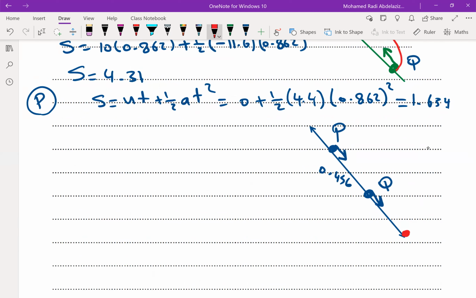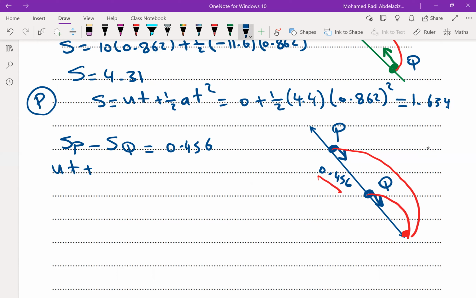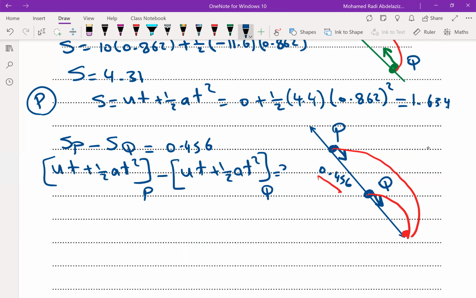So the displacement covered by P minus displacement covered by Q is equal to this value. Now, S of P minus S of Q is equal to 0.456. S of P is ut plus half of at squared, this information for P, and ut plus half of at squared, this information for Q, is equal to 0.456.